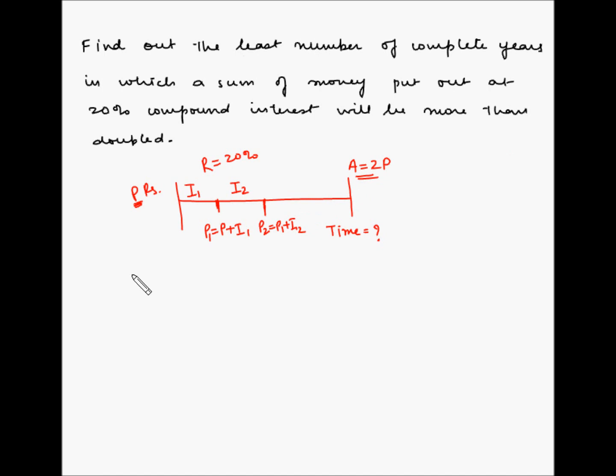So now we know that for compound interest, the formula for amount is equal to principal multiplied by (1 plus R by 100) to the power n, where n is the number of compounding periods and R is the rate of interest per compounding period.